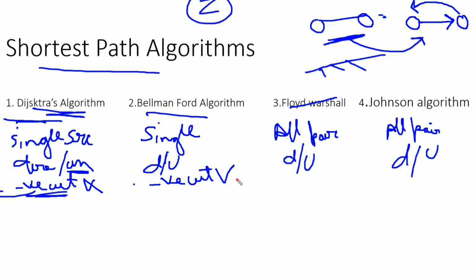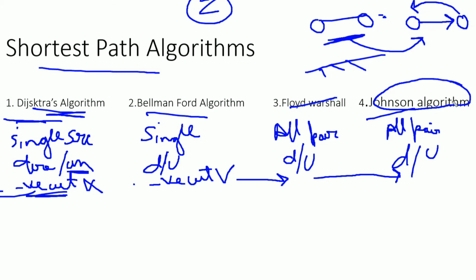Floyd-Warshall also works well for negative weight edges, and Johnson algorithm also works well for negative weight edges. But the fact is that Johnson algorithm is a combination of Dijkstra and Bellman-Ford. It means that if the graph has negative weight edges, we need to add some weight to all the edges so that they can be converted to positive weight edges.